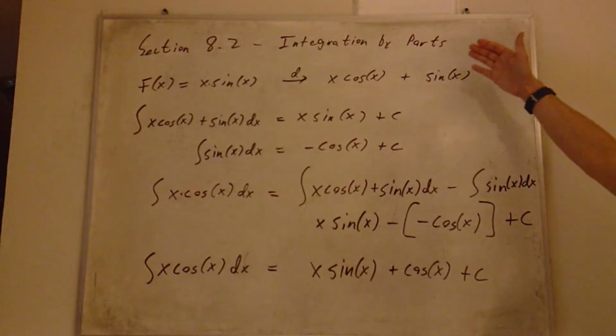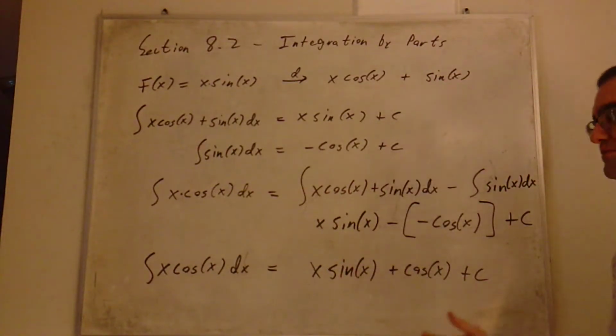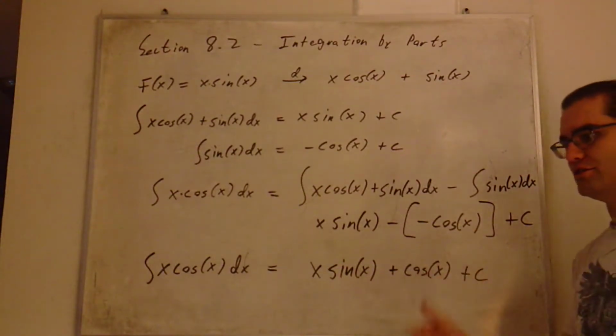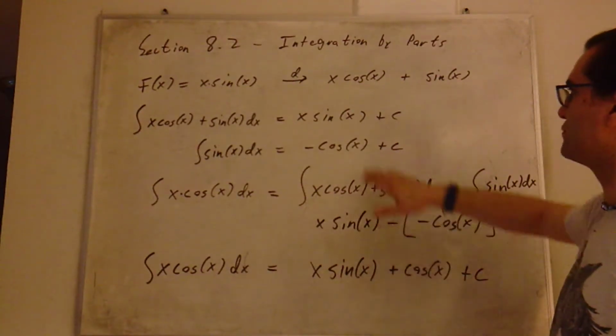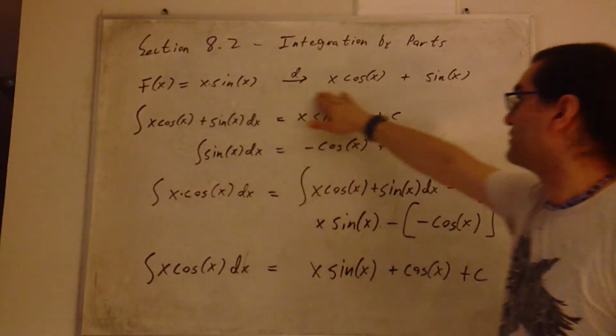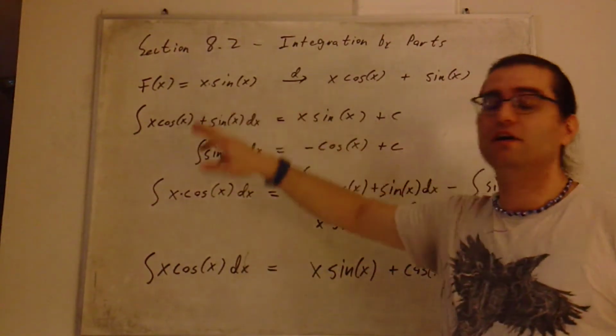This is not exactly integration by parts. Integration by parts is much more of a generative technique. This is sort of like just a demonstration that happened to work because we took the derivative of this and knew that its antiderivative would be back to the same thing.